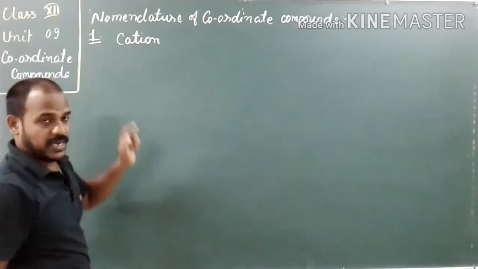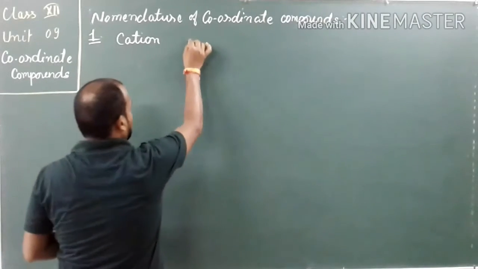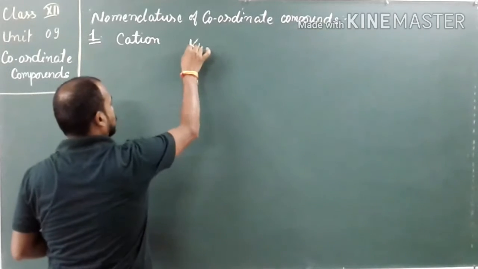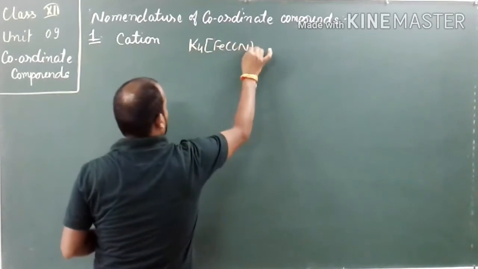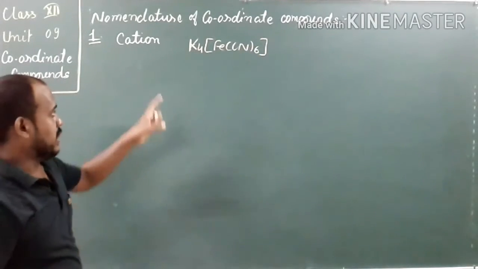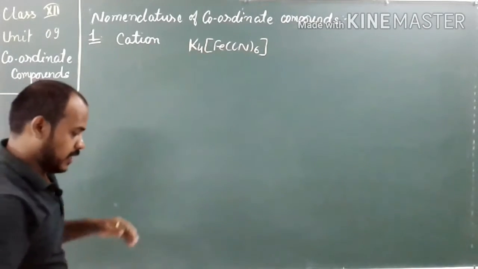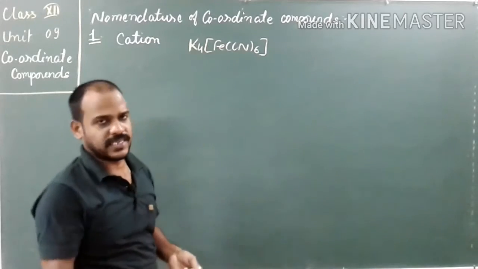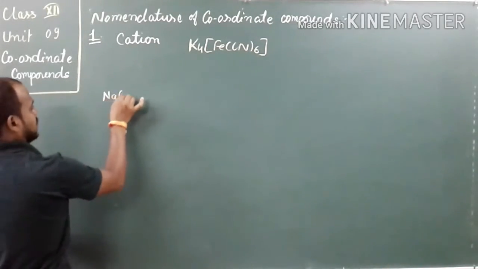Now how can we identify which one is the cation? Very simple. Take an example, the complex K4[Fe(CN)6]. Here, where is the cation and where is the anion? Take a very common ionic compound, sodium chloride, whose formula is NaCl.